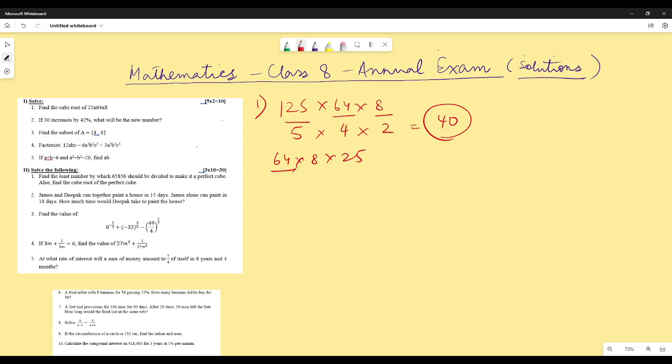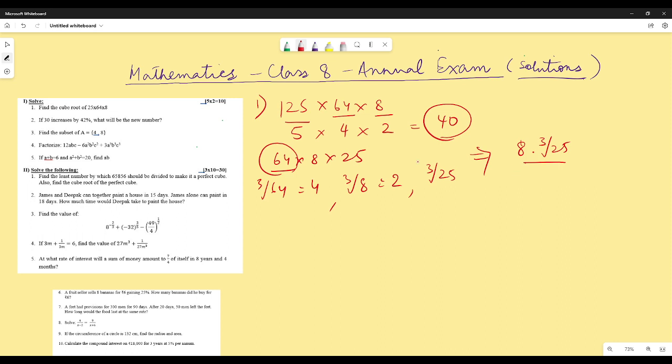Now again, the cube root of 64 is 4, cube root of 8 is 2, and this 25 you could have let it be as cube root of 25. So your answer should have been 4 into 2, that makes it 8, 8 into cube root of 25. This way also you could have written, and that would also have been correct.